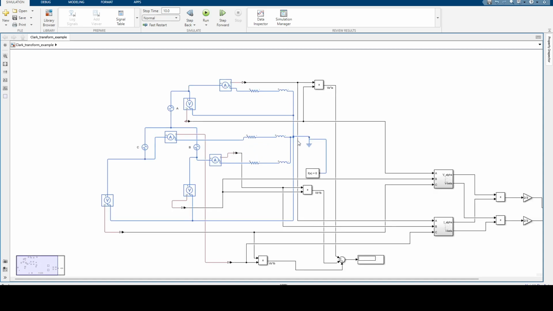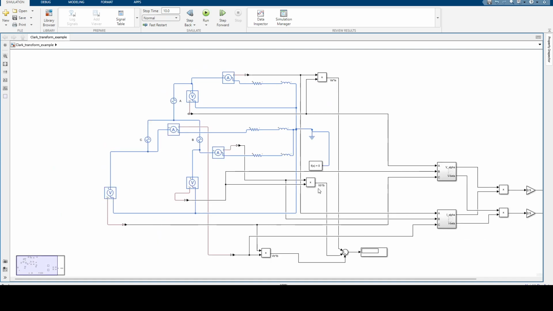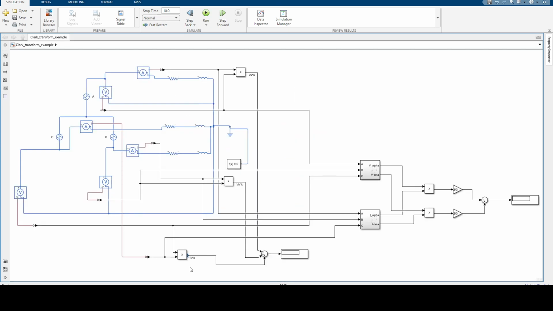So to calculate power, we remember that we said it was going to be each voltage times the line current. So here we have voltage and current multiplied. This is VA times IA, this is VB times IB, and this is VC times IC.